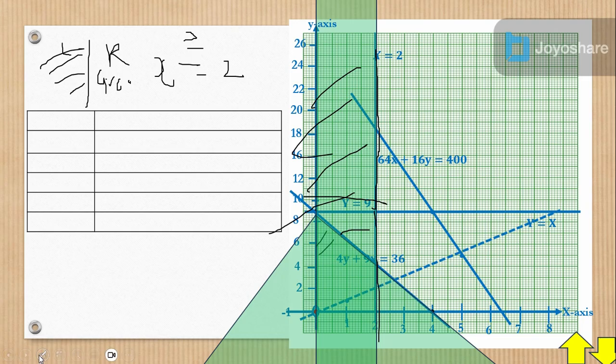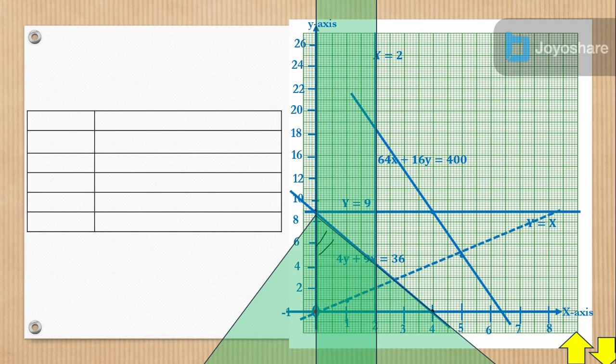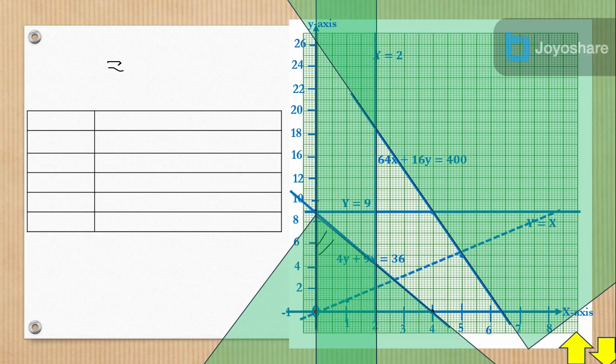Okay, let's now go to another line and see how the shading is done. We have the line 64x plus 16y equals 400. Originally, before putting the equal sign, they had a less than or equal.